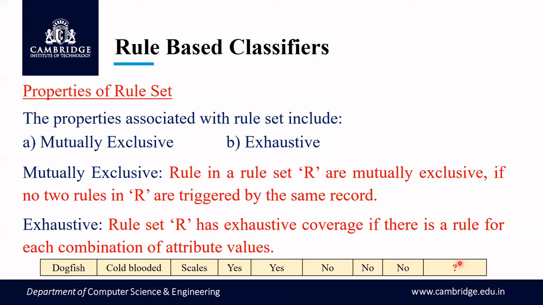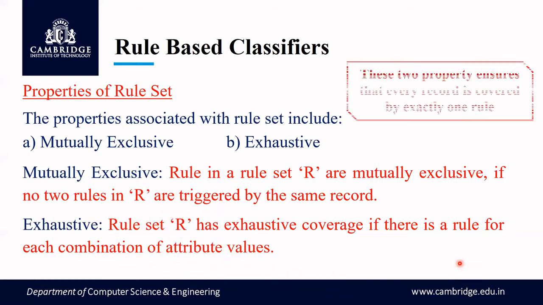When I put these two properties together, it means that every record is covered exactly by one rule. At least one rule should be there which covers the given record in the training set. So that is what the property says to us.